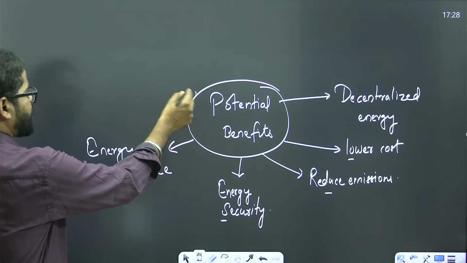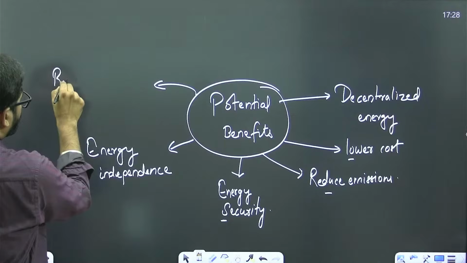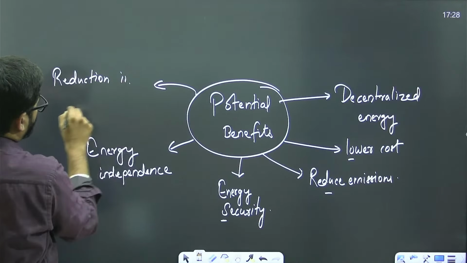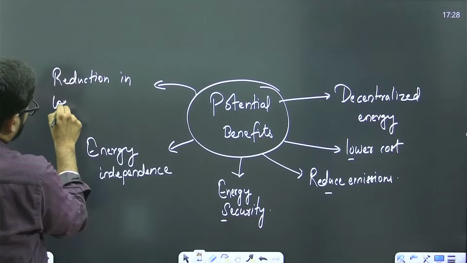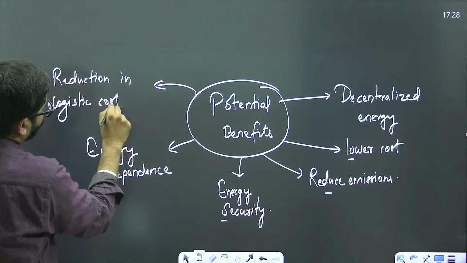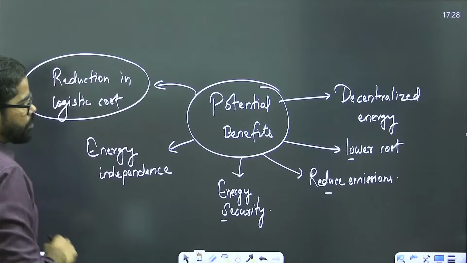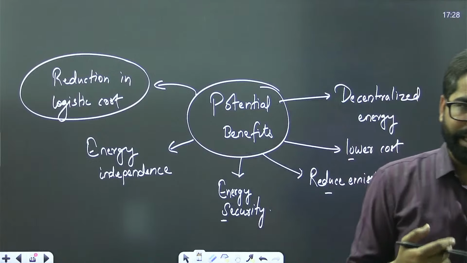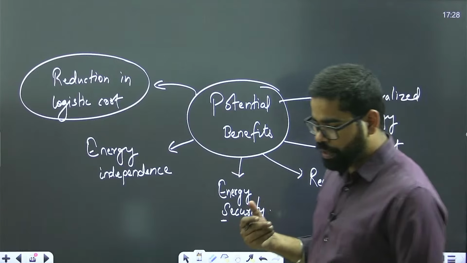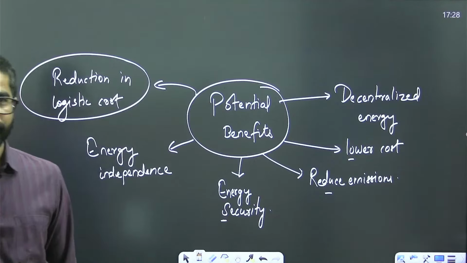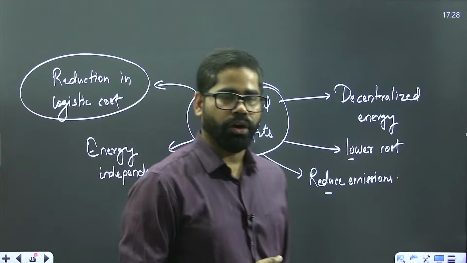We will also see a reduction in logistic cost. Whenever electricity is transferred from the electricity department to our homes, there is loss of energy, that is called transmission loss.